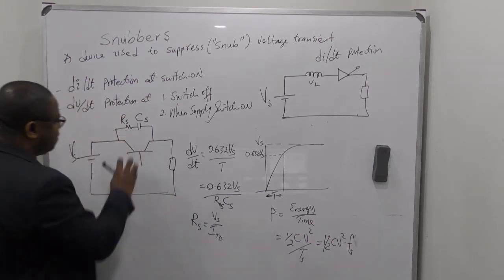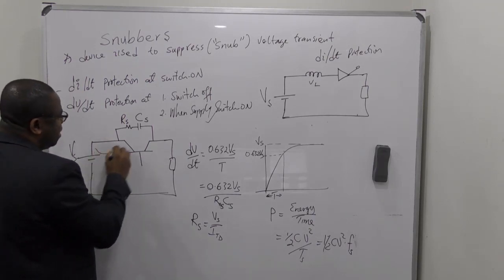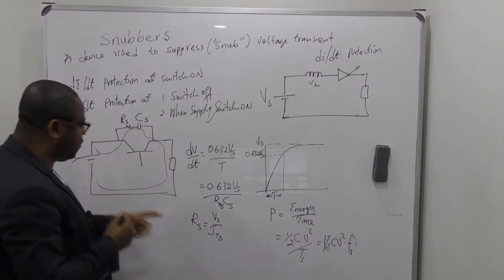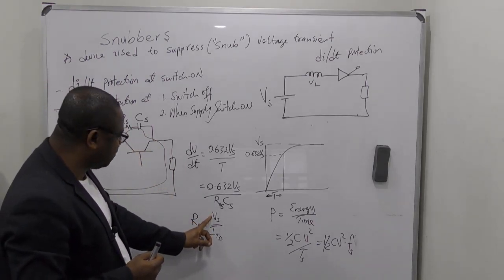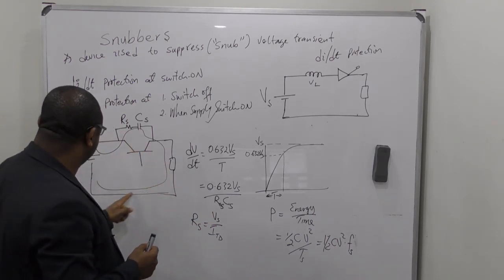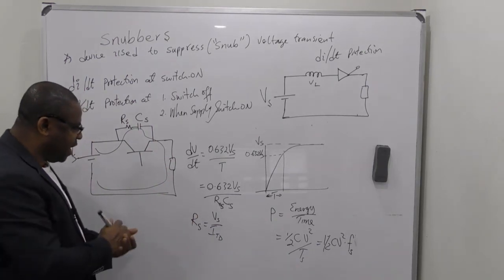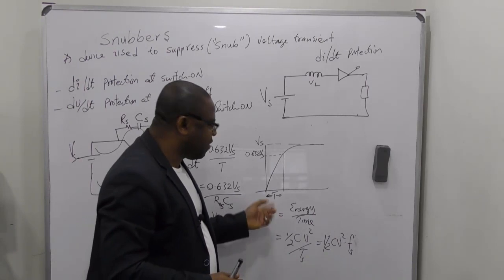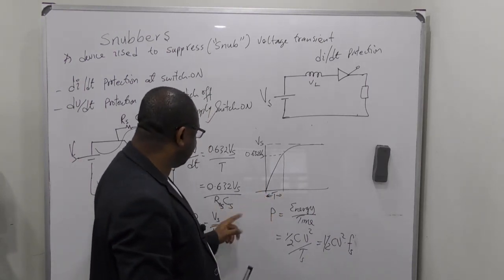Remember that when the switch is open, current is supposed to flow like that. The resistance Rs will be Vs divided by the current flowing through here, which is Vs over I.